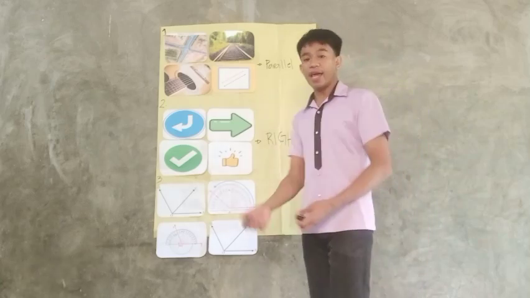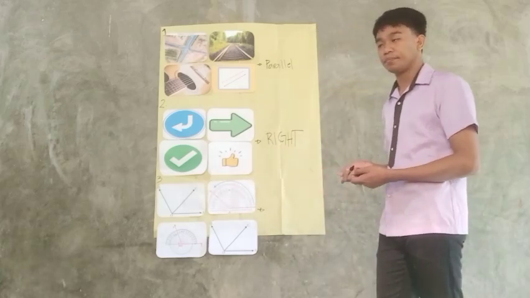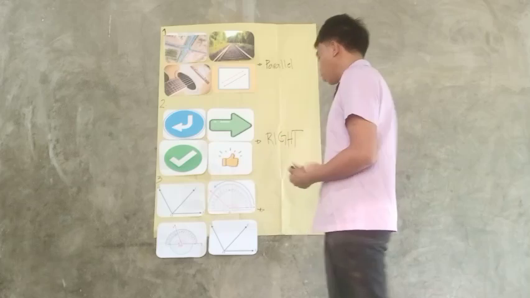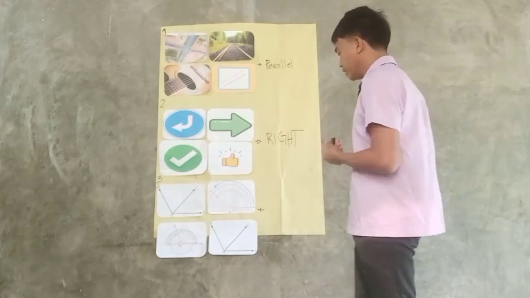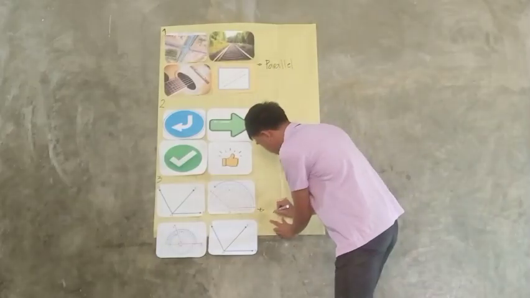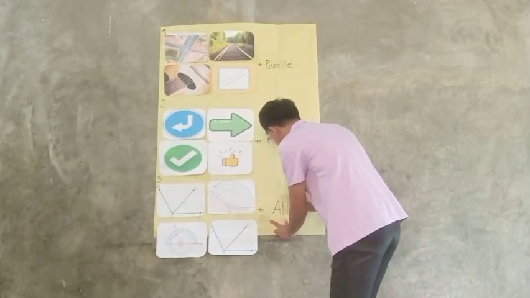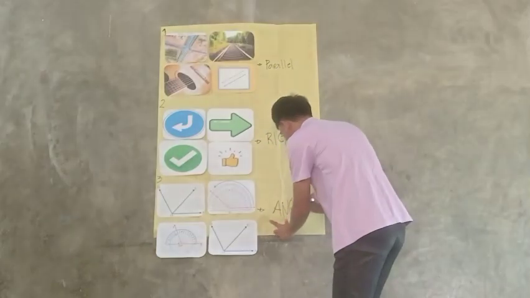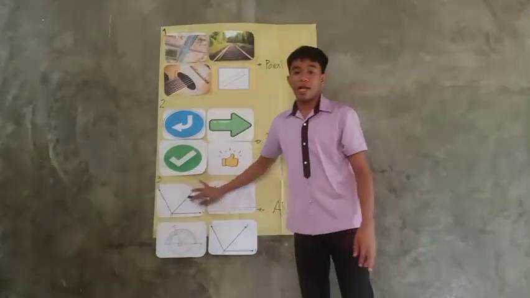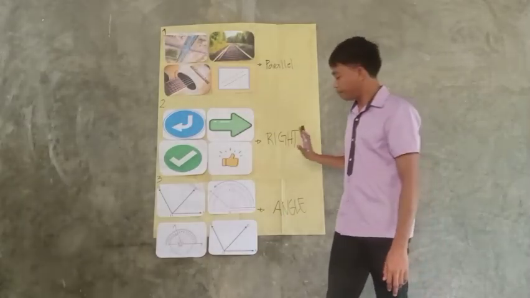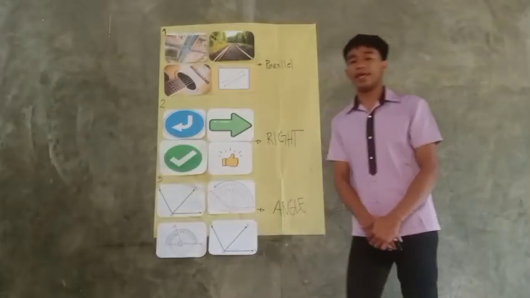Now, for the next picture, okay, John, very good. For the next picture, the word is angle. As you can see here, it has an angle here. So this picture pertains to an angle.